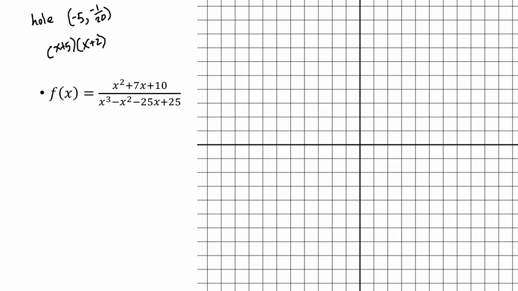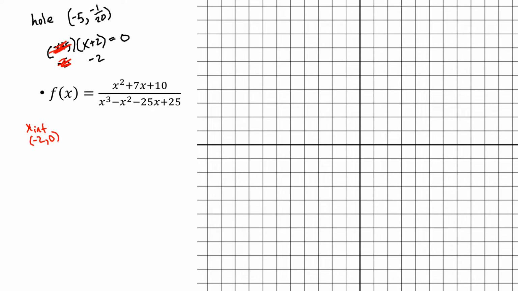So what would make this numerator equal 0? Well, negative 5 would make it equal 0, or also negative 2. Except that we found out that negative 5 was a hole, so clearly we have to exclude negative 5. That means that our x-intercept will only be at negative 2, so negative 2 comma 0.